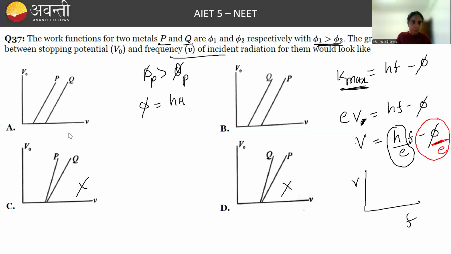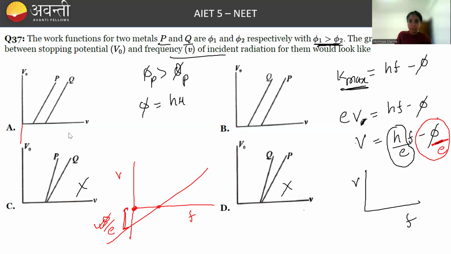If we draw the general graph of V versus frequency, it will look like this, and this will be the y-intercept, which gives you phi by e. This y-intercept will be bigger if phi is more. Here phi 1 is greater than phi 2, so the y-intercept of P will be more.